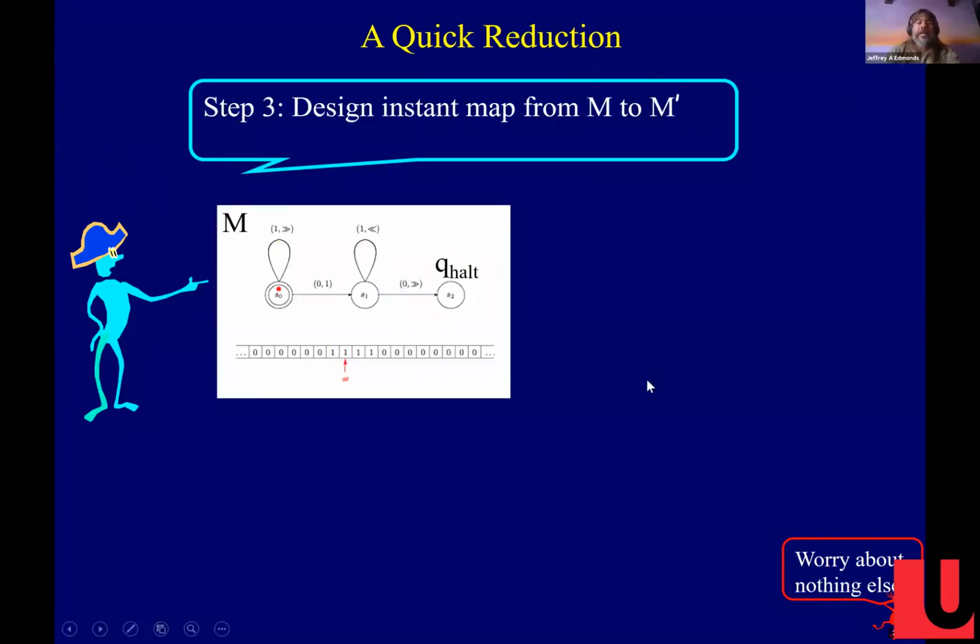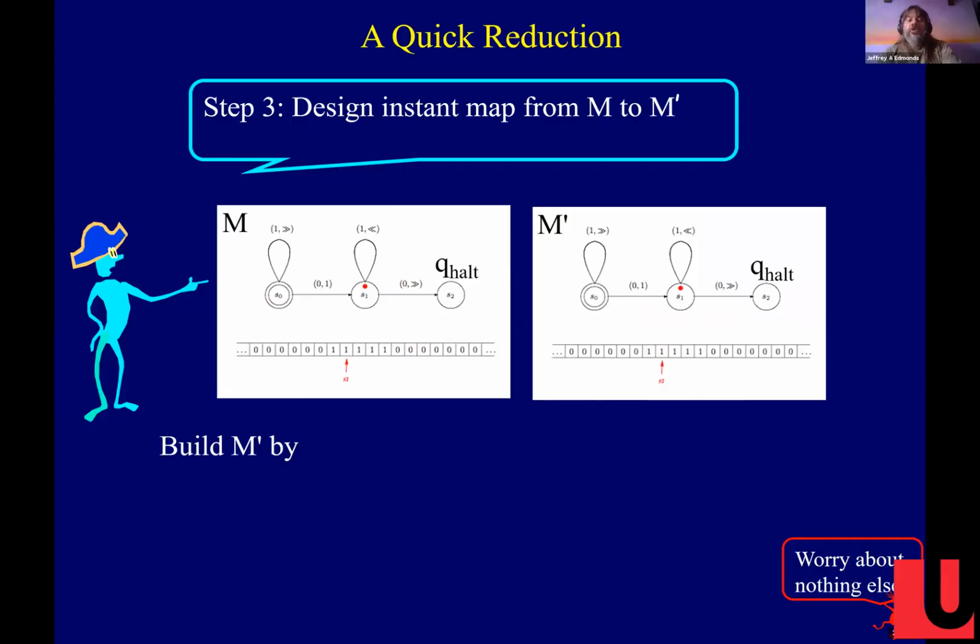So here, what's the input to the halting problem? It's a Turing machine, and we care, does it ever get to the halt state, right? And what we have to do is produce a new Turing machine. So here's our M prime. How are we going to build our M prime?